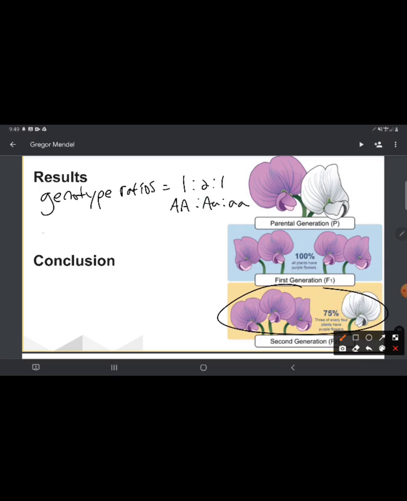He discovered phenotype ratios of 3 to 1, and you can see that here, 3 to 1.